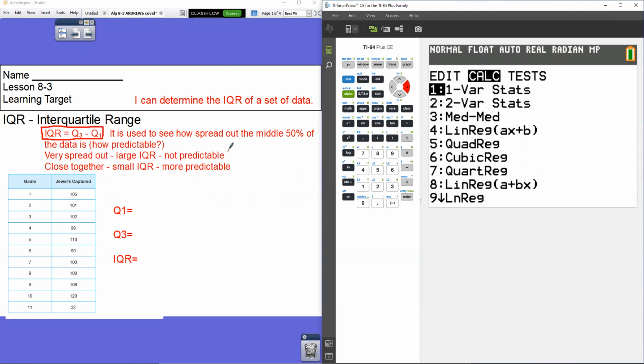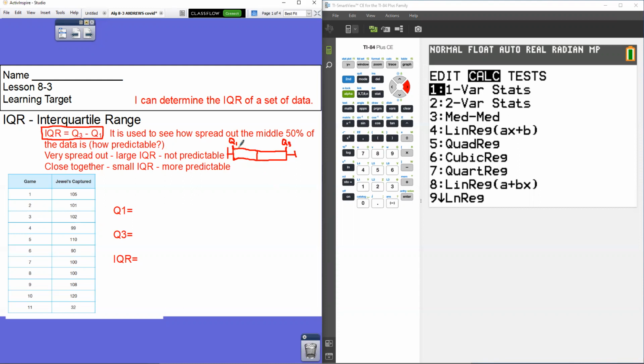Now, what do we mean by that? Well, very spread out data in a box and whisker plot would look something like this. So here's our box and whisker plot. Let's just put our median in the middle here. This would be our Q1. Remember, the Q1 is the edge of the box right here. The Q3 is the edge of the box right here.